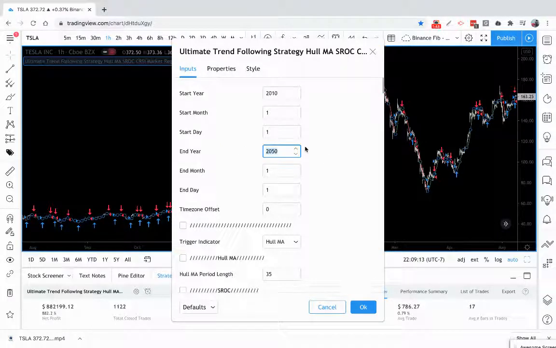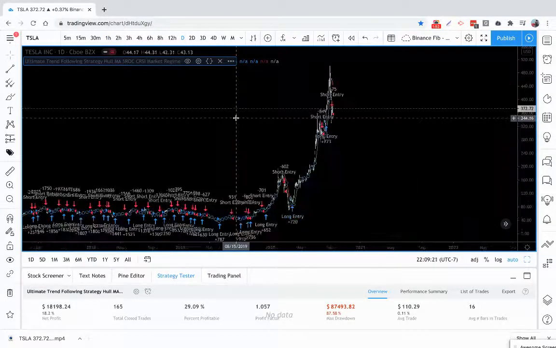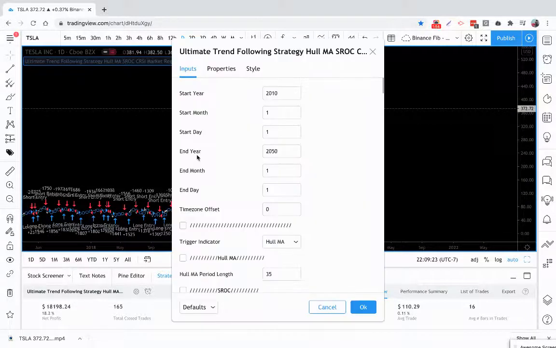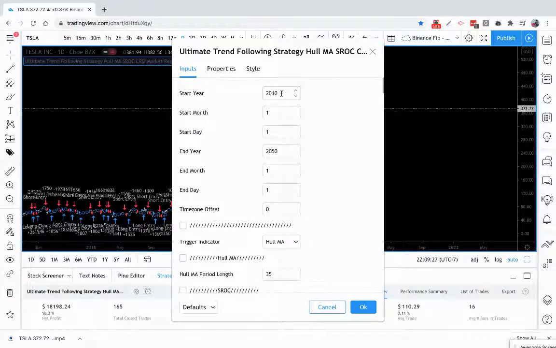If you want to look for trades between a certain time frame, for example, if we're on the daily chart here, and we just want to see how well our strategy performs between 2018 and 2019, you can certainly check it out like that.